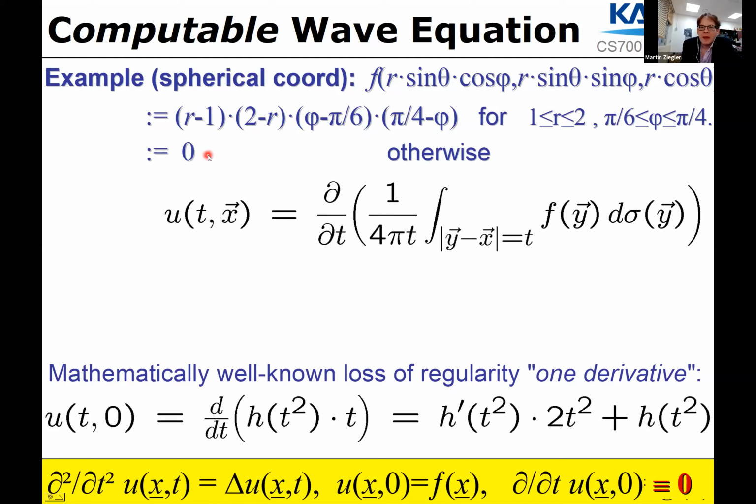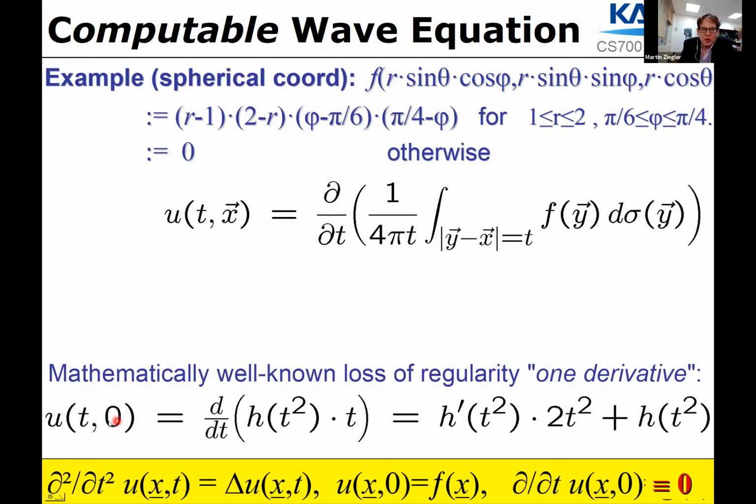And then it's an exercise in calculus that I'd like to leave to you to evaluate Kirchhoff's formula in this case and verify that now the solution will exhibit a discontinuity in space.